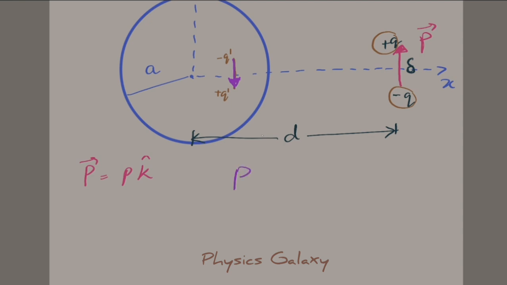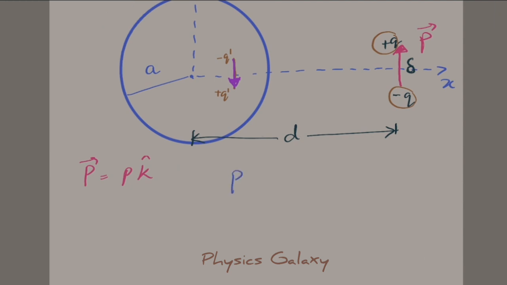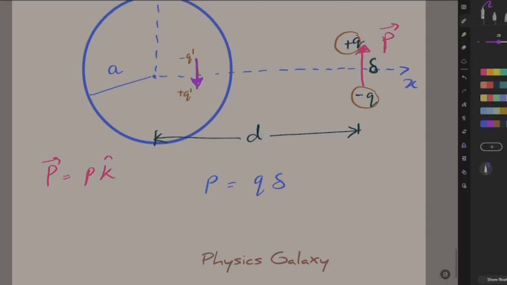So p, my real dipole, considering only the magnitude, equals q times delta. And what about the image dipole? For the image dipole, let me use this color.